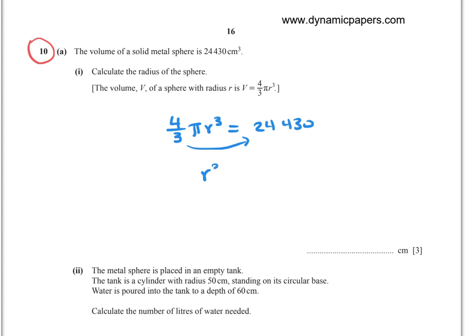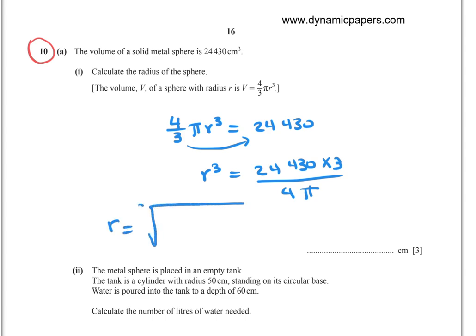So r cubed equals 24,430 multiplied by 3 divided by 4 pi. Then to find r, take the cube root, which equals 18.0 to 3 significant figures.